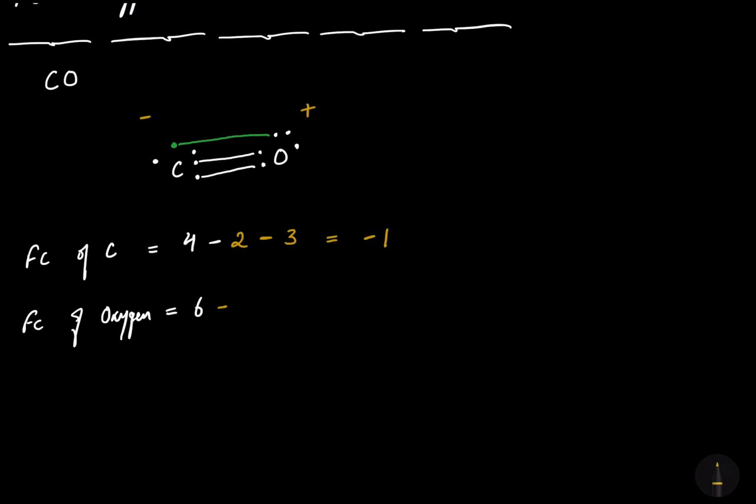Just focus on the structure, the first electron and the second electron, so oxygen has 2 non-bonded electrons. It's 6 minus 2. Minus the number of bonds formed by oxygen. Oxygen is forming 3 bonds, so it's minus 3. So 6 minus 2 minus 3 comes out to be +1. That means oxygen is bearing a +1 charge in carbon monoxide. Carbon has a -1 charge, oxygen has a +1 charge.